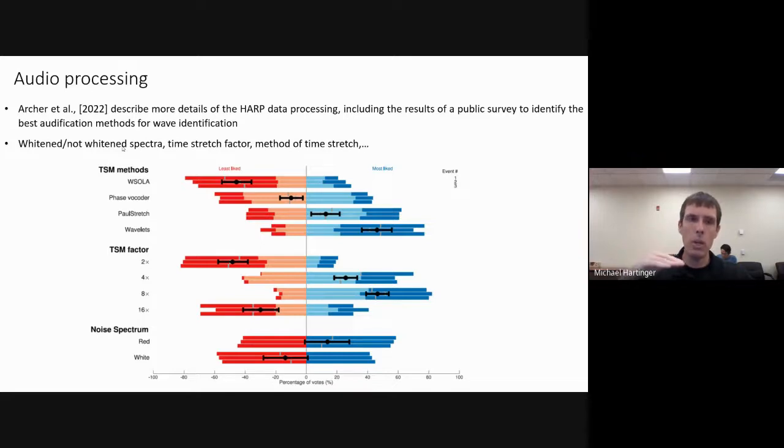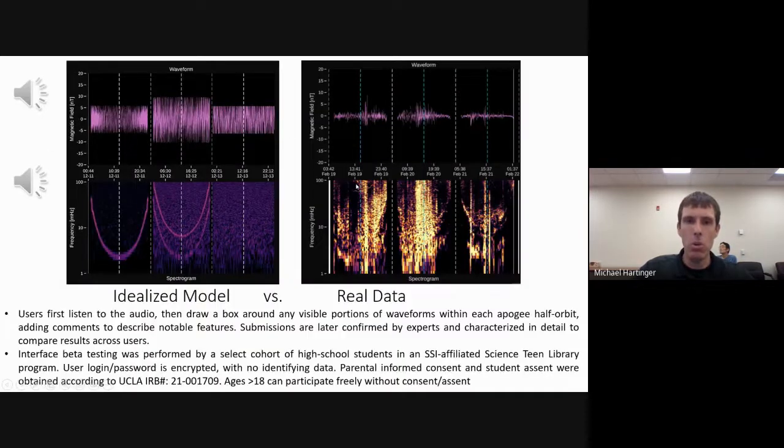When you whiten a spectra, you tend to amplify the higher frequencies relative to the lower frequencies, and that can create a harsh sound that wasn't very pleasant for a lot of people. So in the end, we're not planning to do the original whitening that we were doing. But anyway, we got good results from the public survey, and that led us to what we ultimately did for our audification tools in the GUI that we've now implemented in our beta testing.